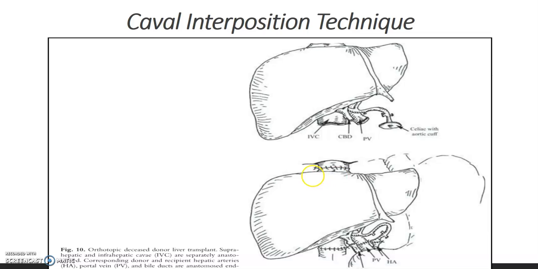The number of anastomoses which are performed in this type of procedure are suprahepatic IVC to recipient IVC, infrahepatic IVC to recipient IVC, portal vein to portal vein anastomosis, hepatic artery to common hepatic artery or confluence of common hepatic artery to GDA artery, and a bile duct to bile duct anastomosis.